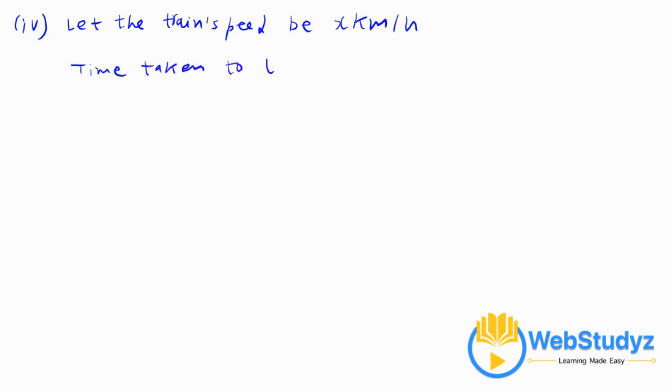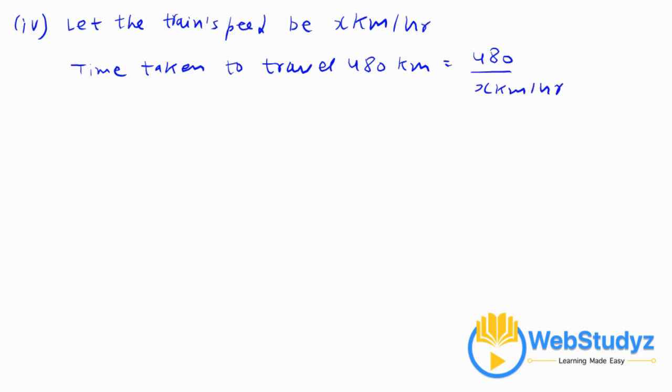First, let the train's speed be x kilometer per hour, and the time taken to travel 480 kilometer distance will be 480 by x hours.